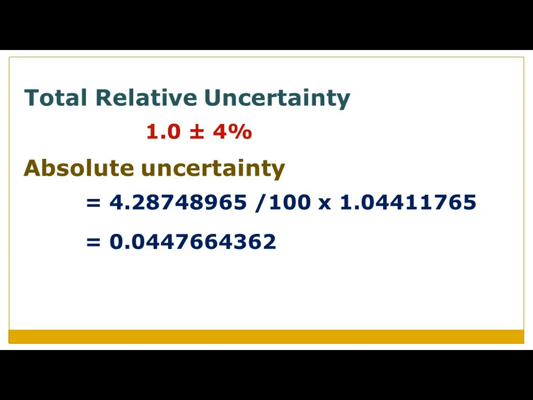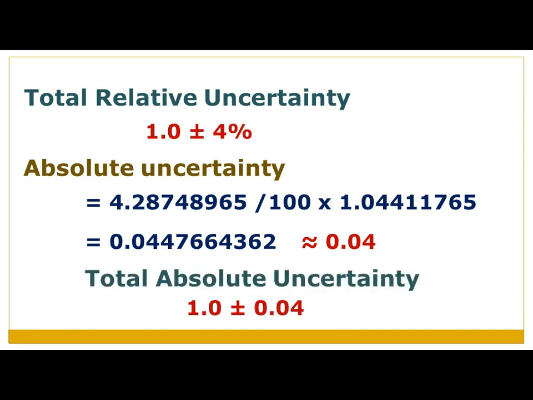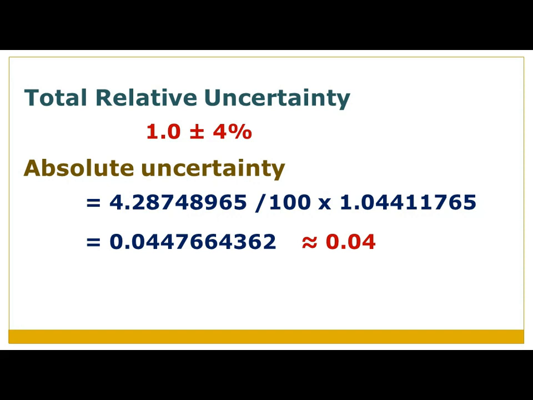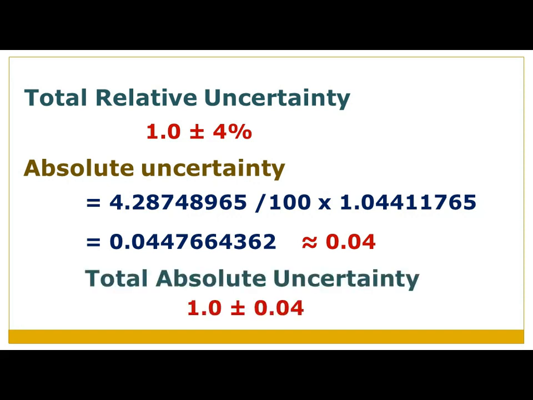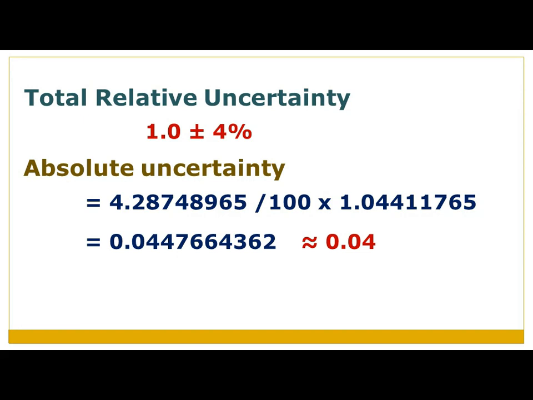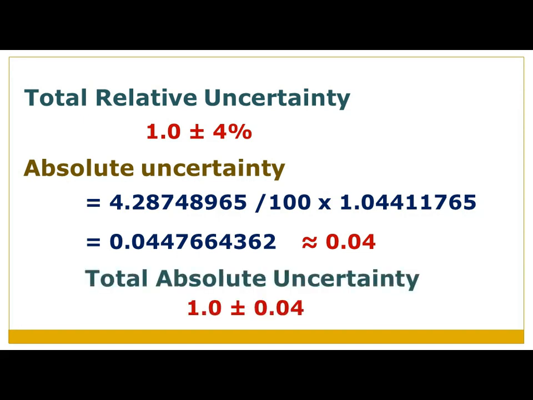To get your absolute uncertainty, you divide the original relative uncertainty by 100 and multiply it by the original measured value. So the absolute uncertainty will be 0.0447664362 or approximately 0.04 with one significant figure. So your total absolute uncertainty will be 1.0 ± 0.04.